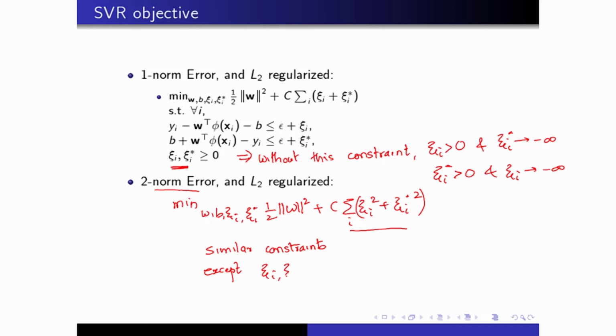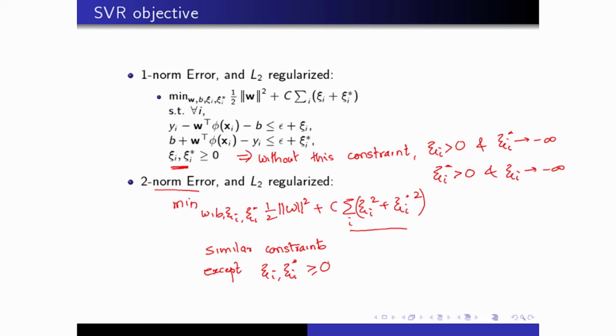You don't need these constraints of positivity on xi and xi star. The reason is that negative xi and xi star will also lead to increased values of the objective because of the square term, and as such the constraints are hard enough to satisfy for small positive values of xi and xi star.